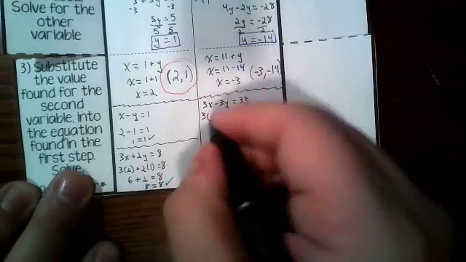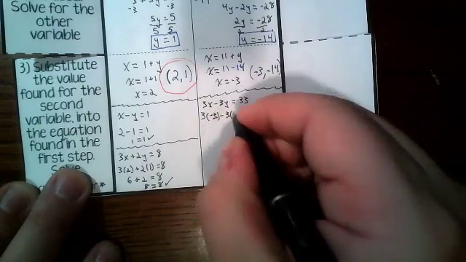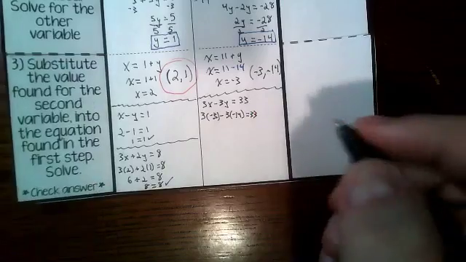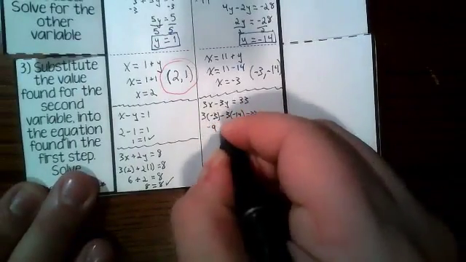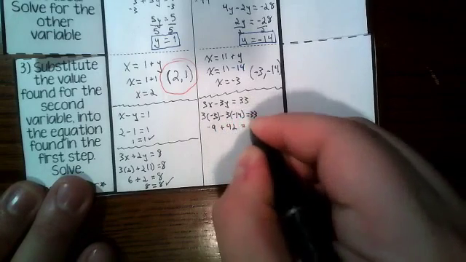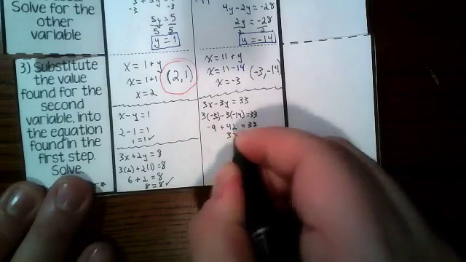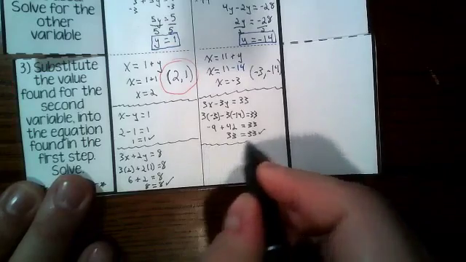It's 3 times negative 3 minus 3 times negative 14 equals 33. Negative 9 plus 42 equals 33. 33 does equal 33. Checks for the first one.